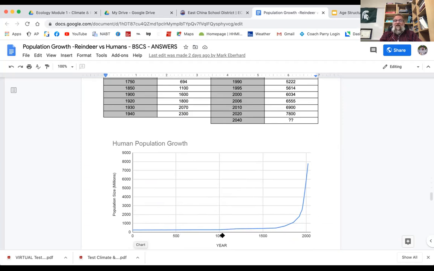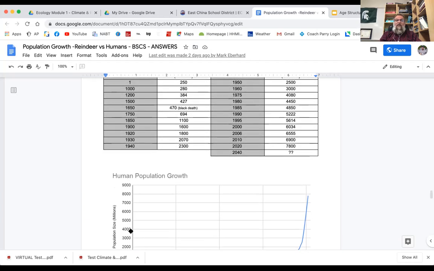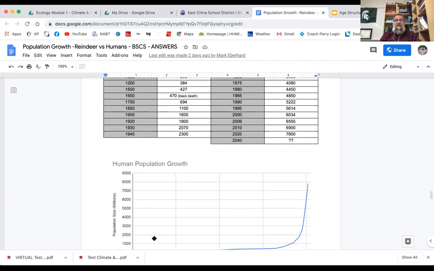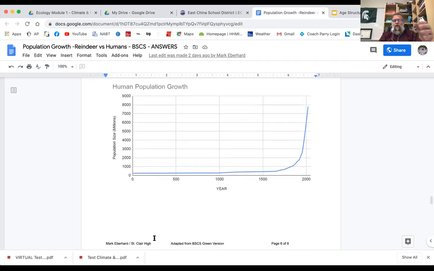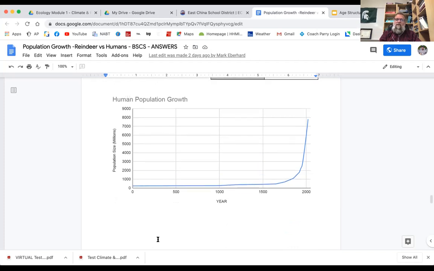So here I went by 500s, and here I went by thousands. You can't go 1, 1,000, 1,200, 1,300. You can't have them be worth different values. I hope that makes sense.